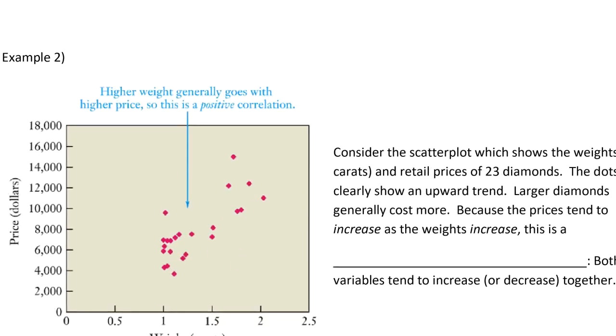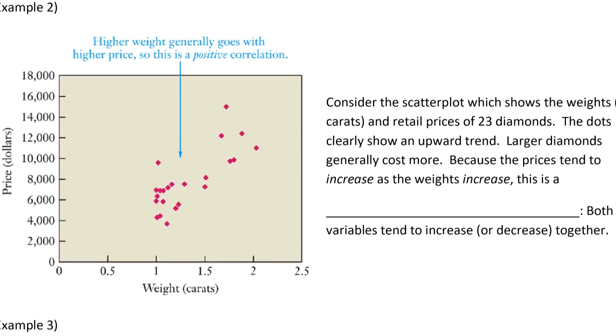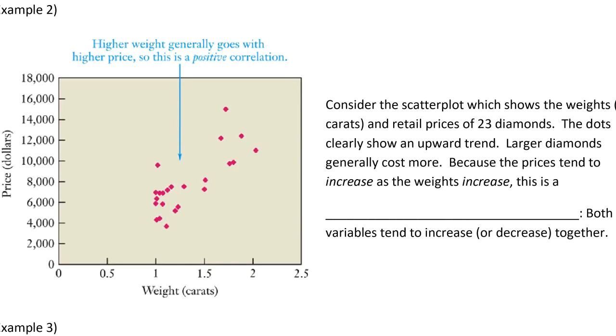Now, if we look at this example, this is a scatter plot which shows the weight in carats and retail prices of 23 different diamonds. In this case, the dots clearly show that there is an upward trend. They're moving upwards, so larger diamonds tend to just cost more, which makes sense.